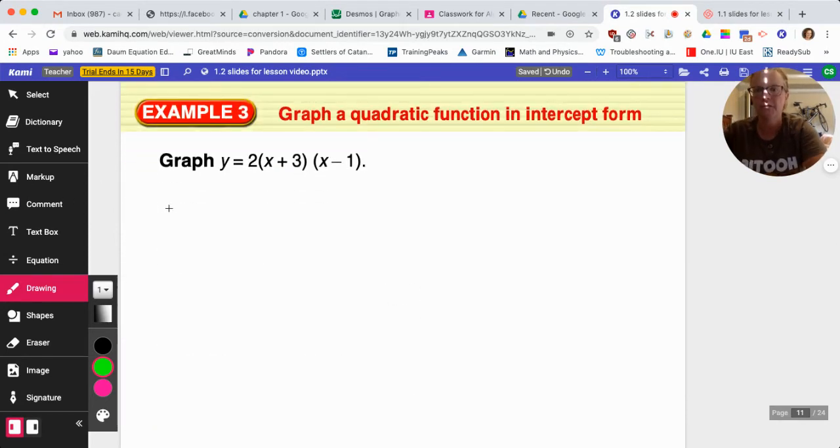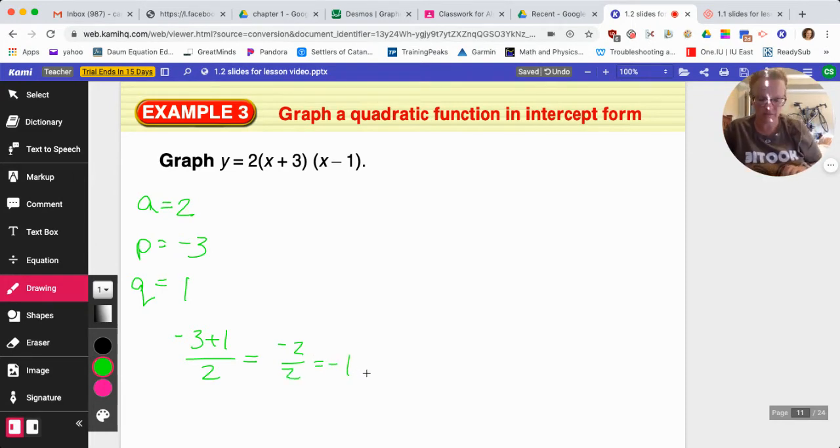All right, so here we have a equals 2. I don't know why I'm still in green. p equals -3, and q equals 1. So my axis of symmetry is going to be halfway between. -3 plus 1 over 2 is -2 over 2, which is -1. So my axis of symmetry here is the value x equals -1.